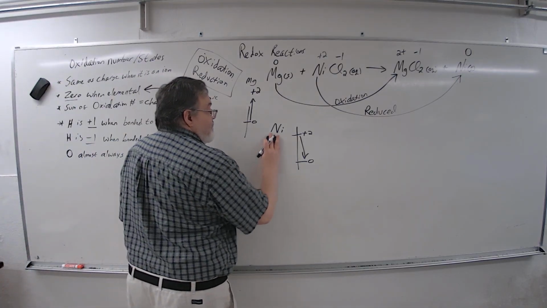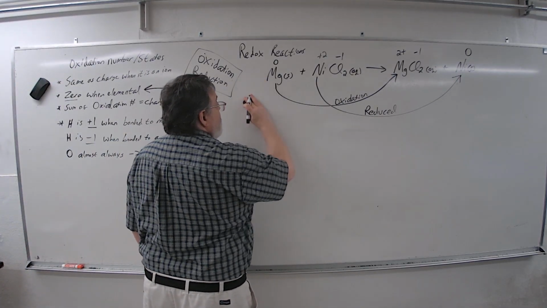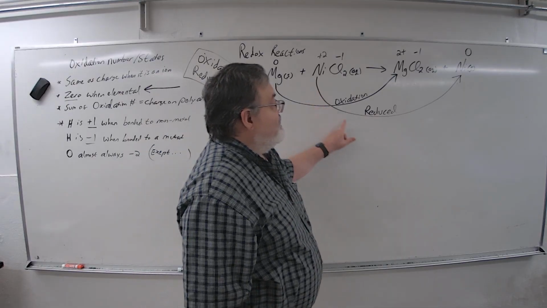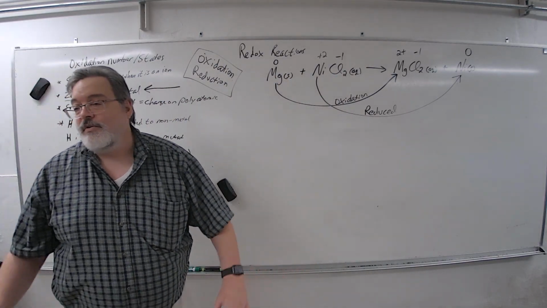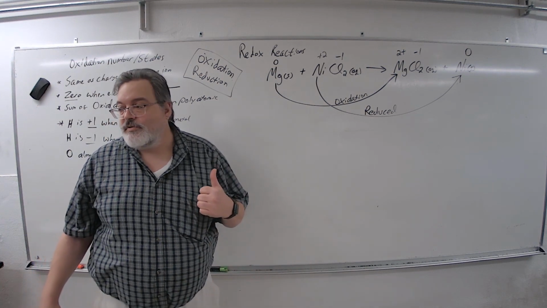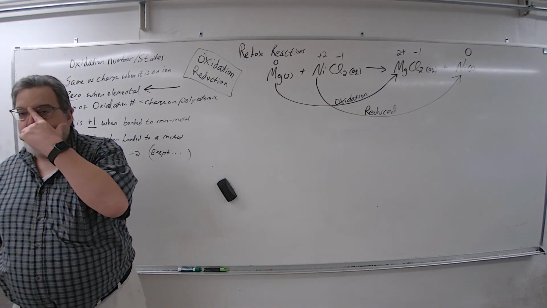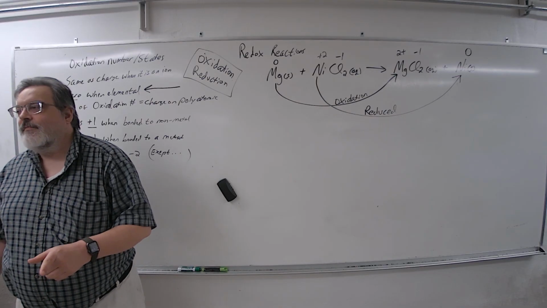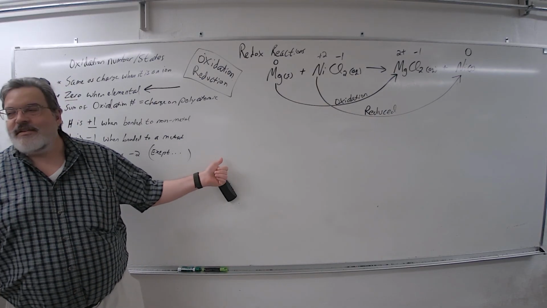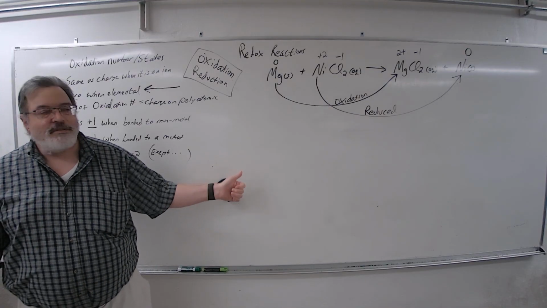Just to make it even a little more twisted for logic. Nickel is being reduced, but does that mean the charge is being reduced? Does that mean it's gaining or losing electrons? It's gaining electrons, because electrons are negative. That's why I said this logic has another twist here.